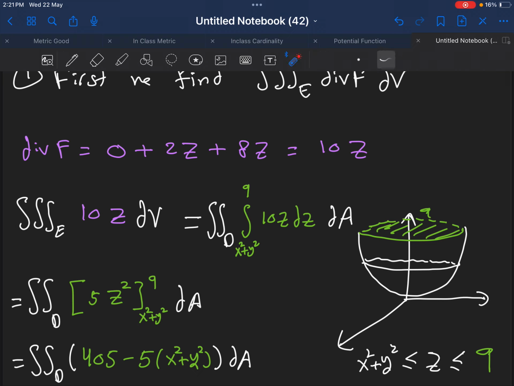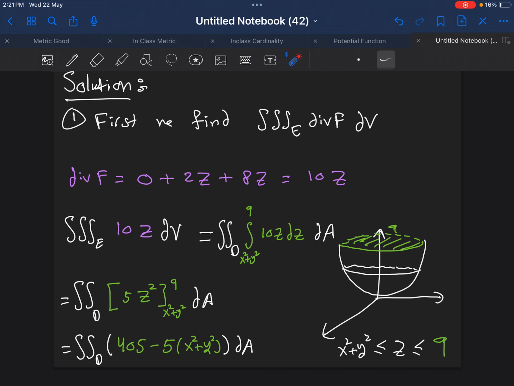Now, in order to do the double integral, I need to see what's happening down here between x and y. If we look at the projection of the whole surface onto the xy plane, what we will see is just a circle with radius 3, because we have 9 here. If we smash everything down here, it will be a circle of radius 3.